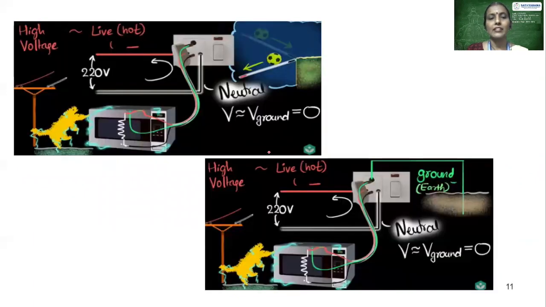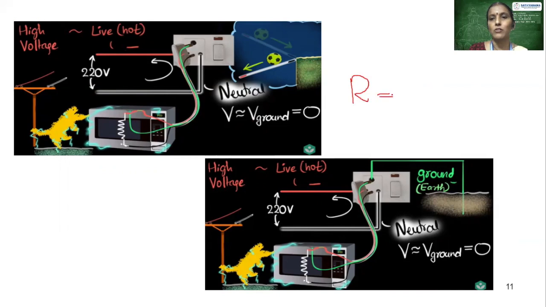To prevent that, we are going to have one more wire, a green color wire, that I call the earth wire here, right? This earth wire is connected to the live part of the electrical appliances here. So what is the purpose of this earth wire? Let me talk about the resistance.